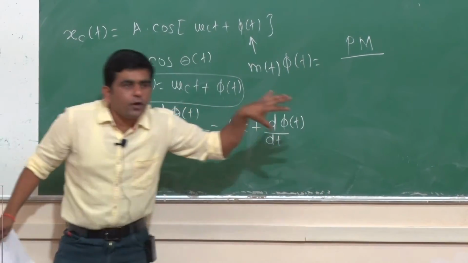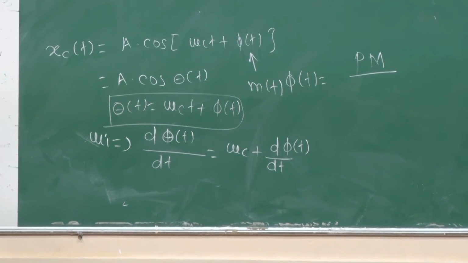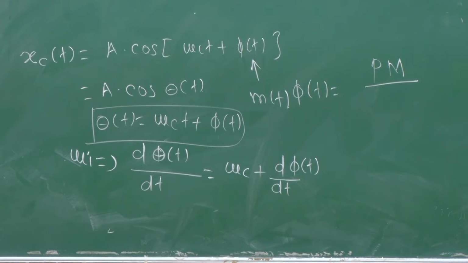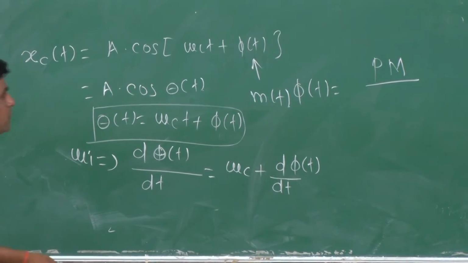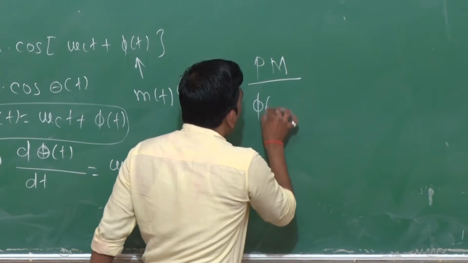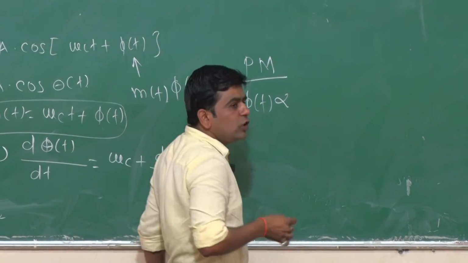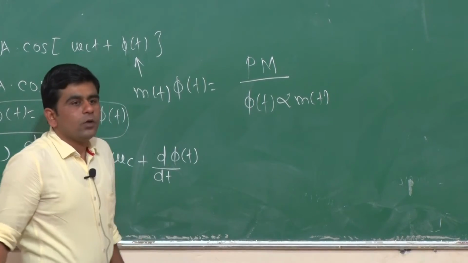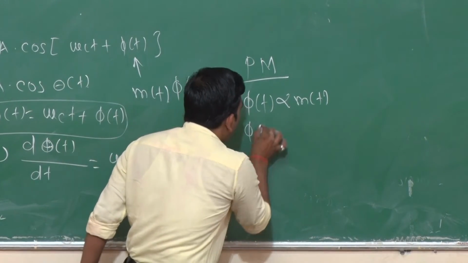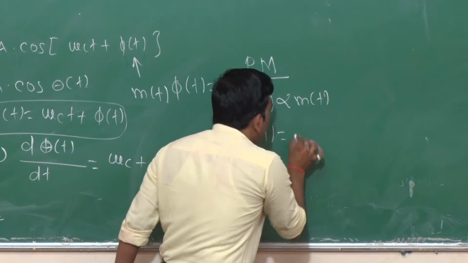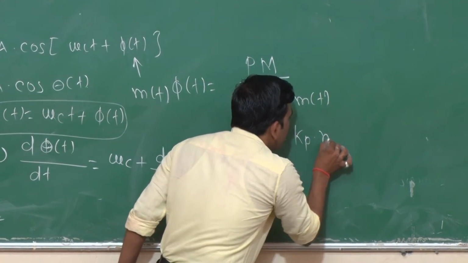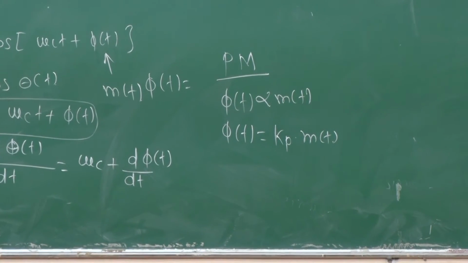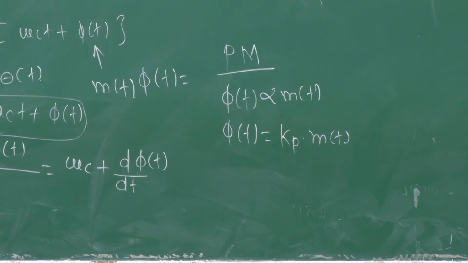Whatever the change in your phase, phi of t is related to your message signal m of t. So for phase modulation, this phi of t is proportional to m of t. So here we will get phi of t equal to kp m of t. Is it clear?